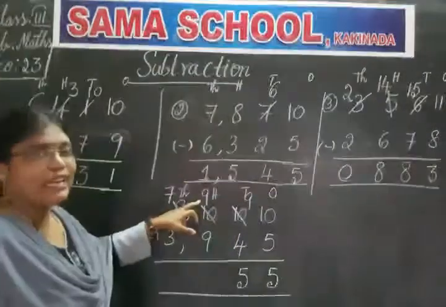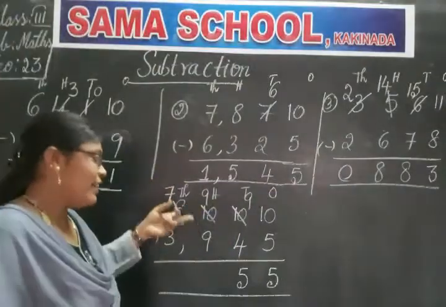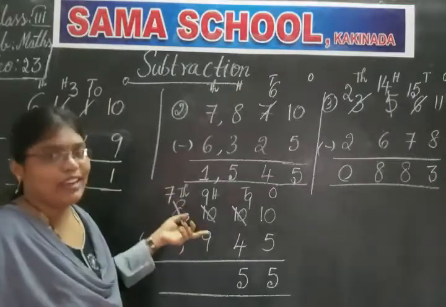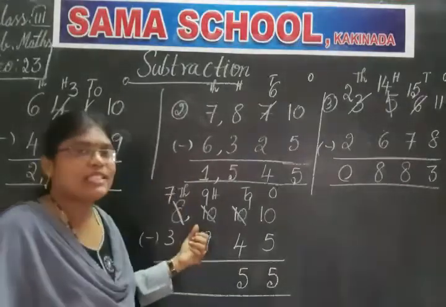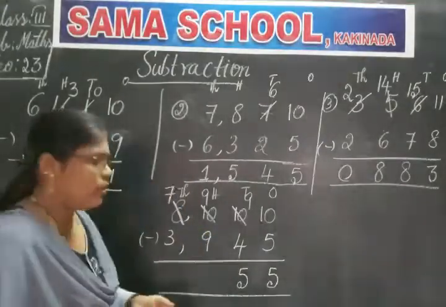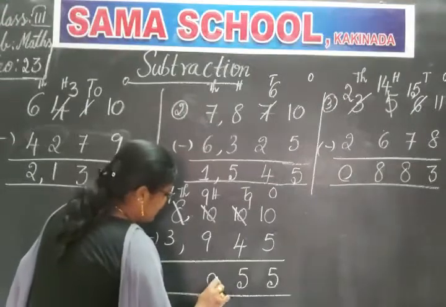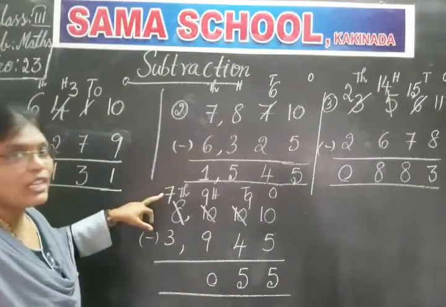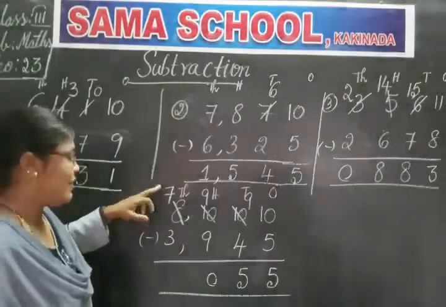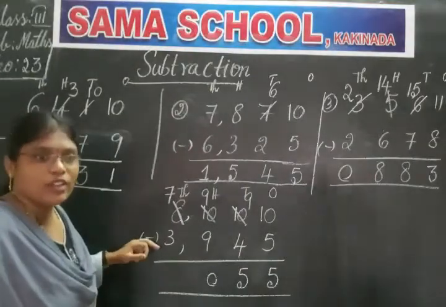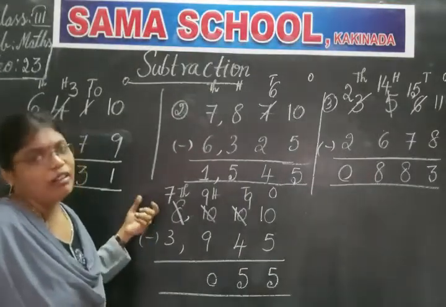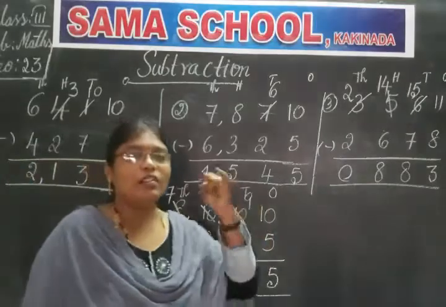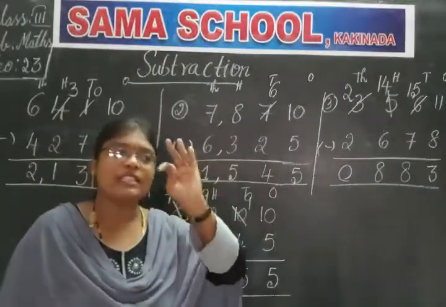Here we have 9 in hundreds place and down also we have 9. So what is 9 minus 9? 0. And here what are the digits in thousands place? 7 and 3. So can you subtract 3 from 7? Yes, 3 after 4, 5, 6, 7.